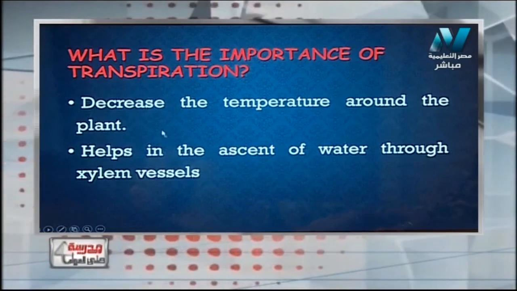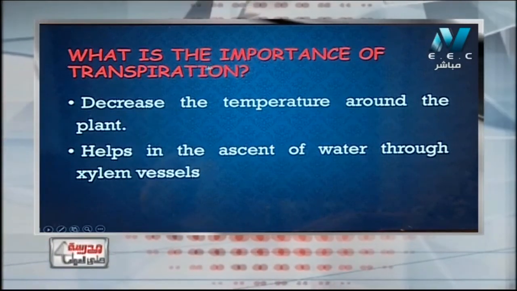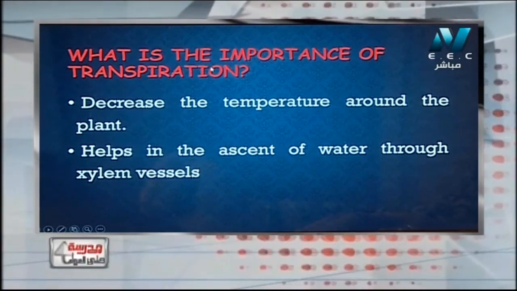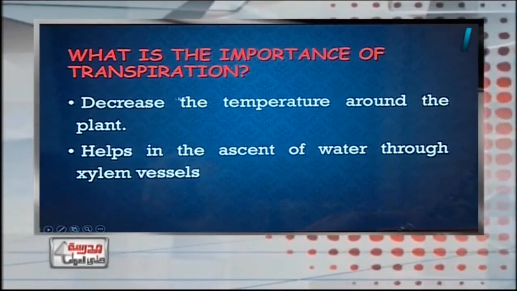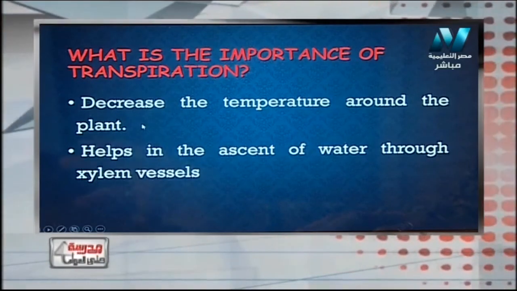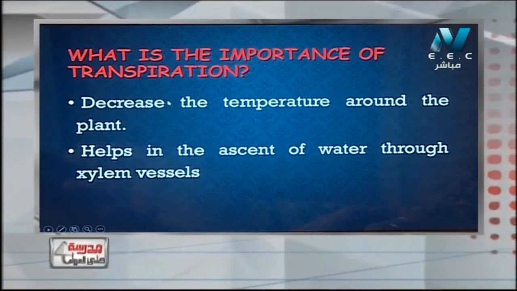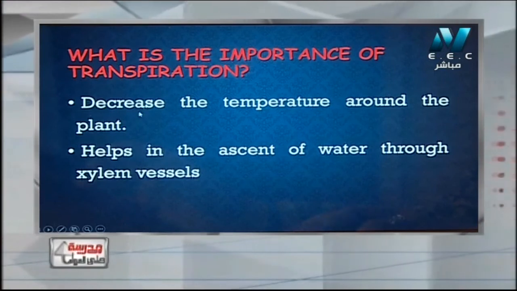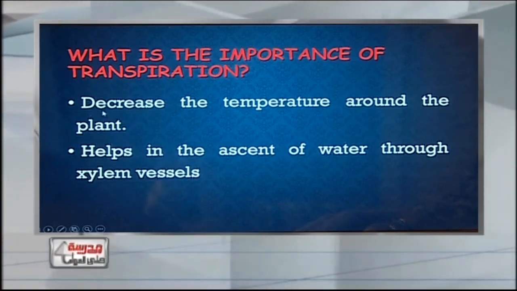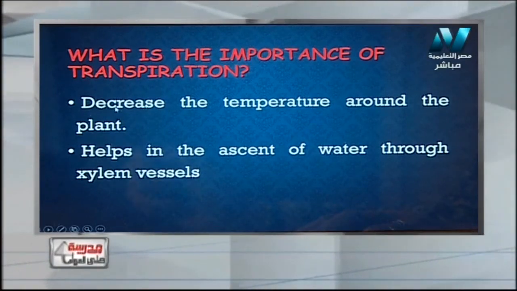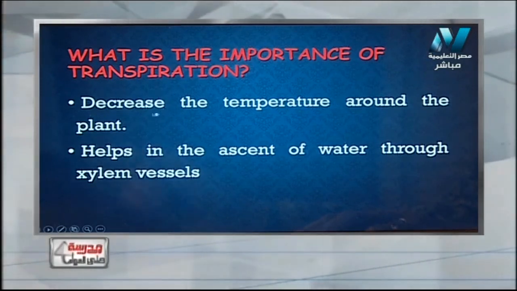And now another question. What is the importance of transpiration? Does the plant find an importance in transpiration? Is it important for the plant? Of course, yes. The first reason is to decrease the temperature surrounding the plant.